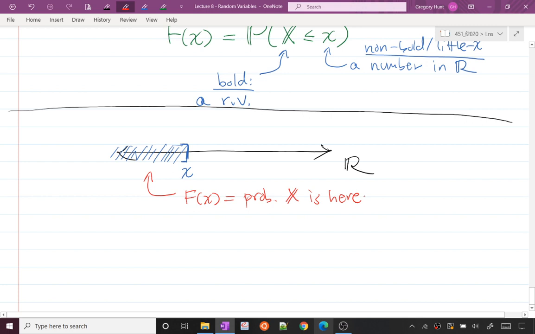So given some little x, my cumulative distribution function is going to answer the question, what's the probability that my random variable is less than or equal to this value?